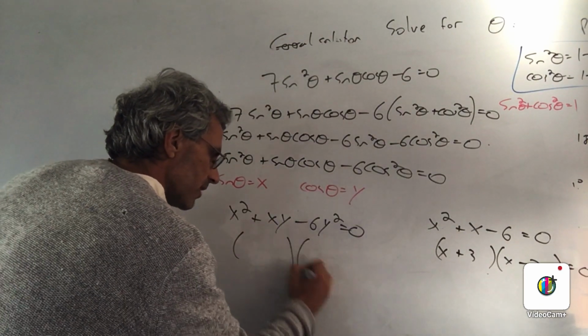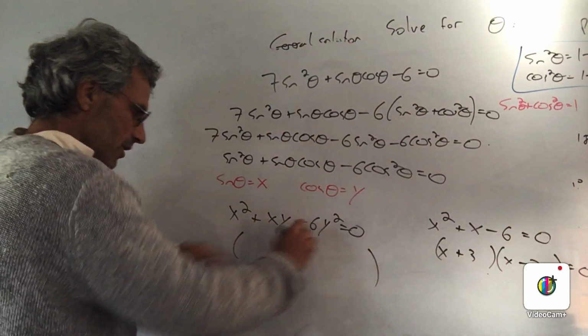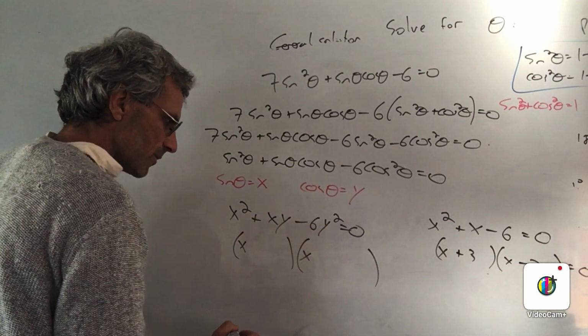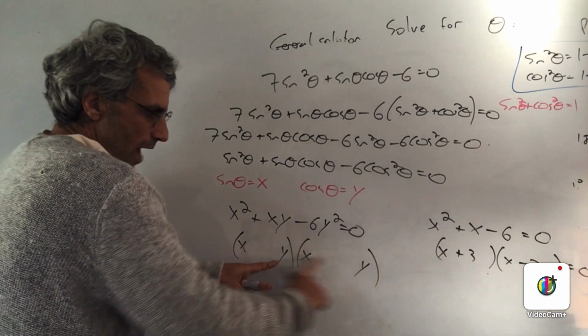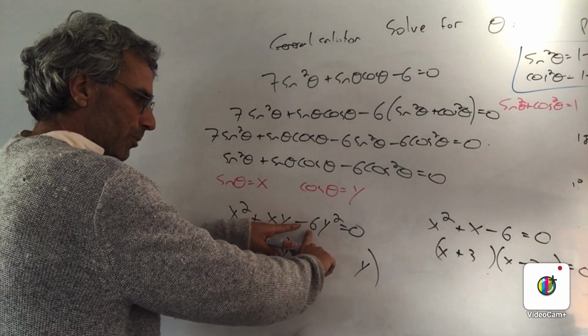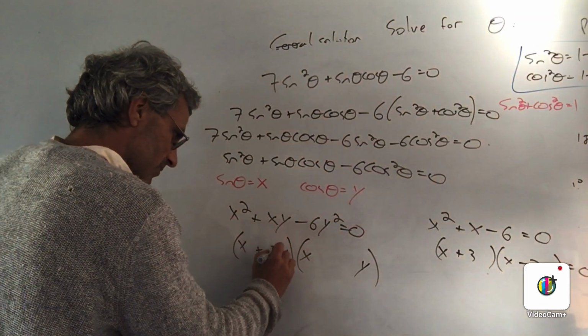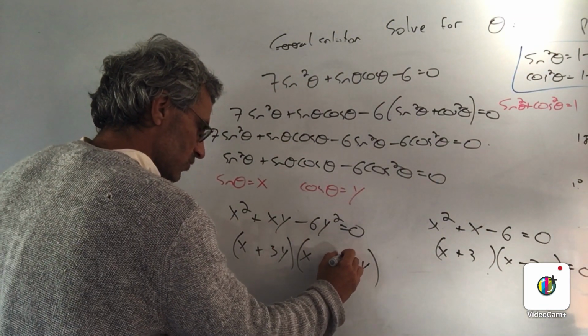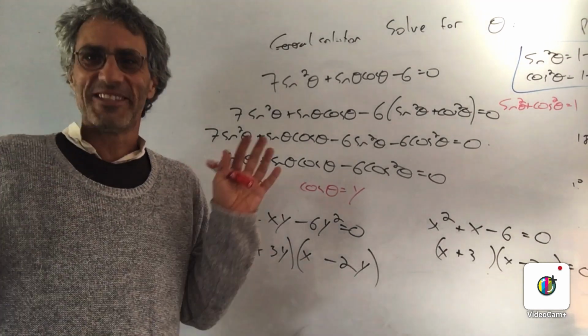The only difference is that we also have a y. So we're going to have our x's here, and we're going to have the y here. So y times y is y squared, and now I'm going to put in the numbers. Two numbers that multiply to minus 6 and add to 1, plus 3 and minus 2. Can you see that? We've done that in grade 10, once upon a time.